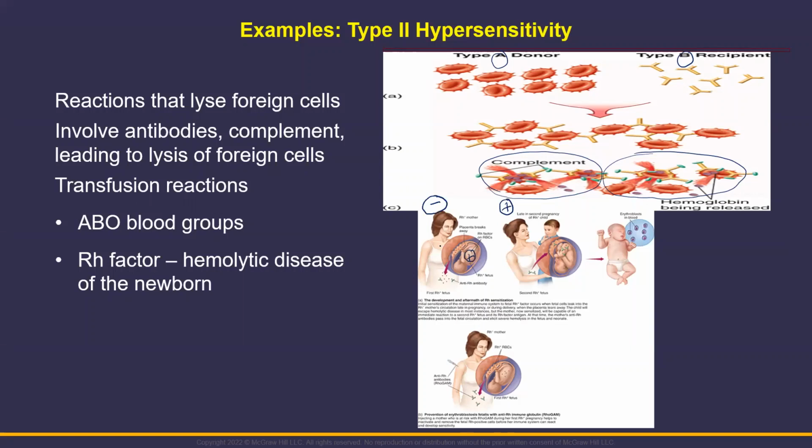And the mother will produce the antibody that will attack the blood of the baby. And what happens? It will cause the baby's blood to be destroyed. And usually, most of the time, the baby will die inside the mother's womb. So this is incompatibility with rhesus blood.